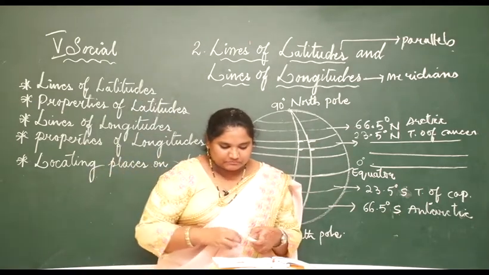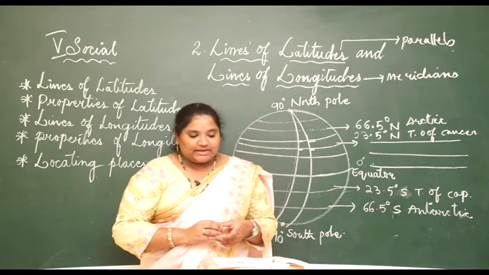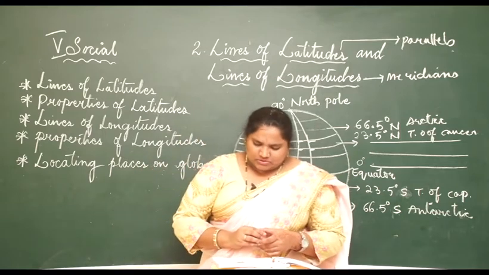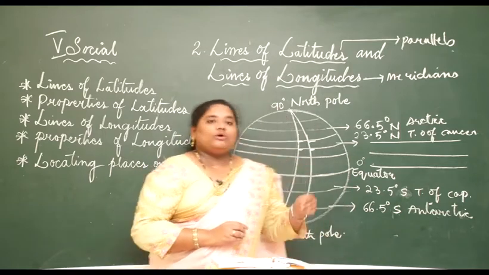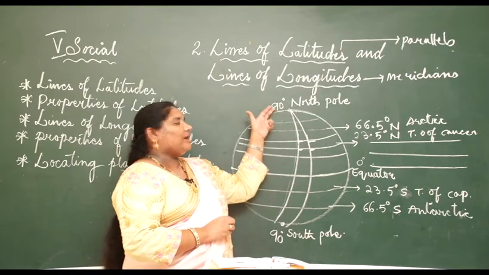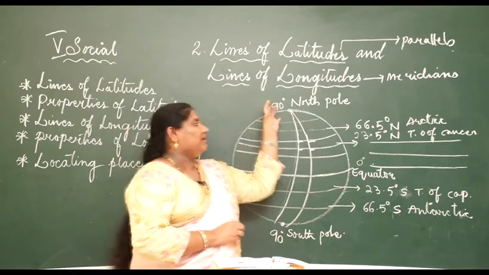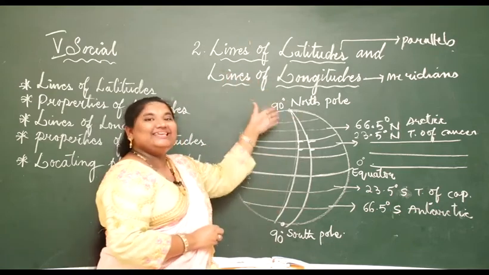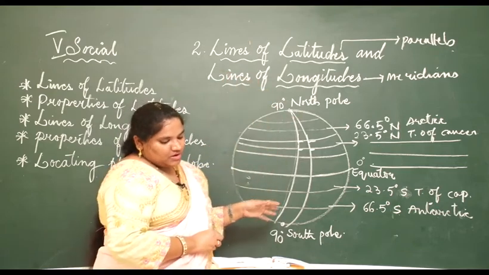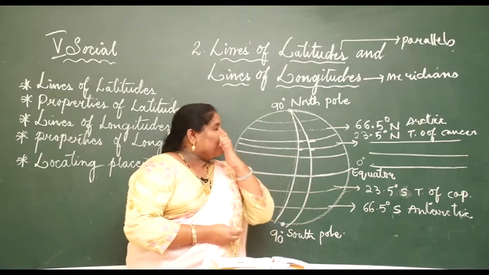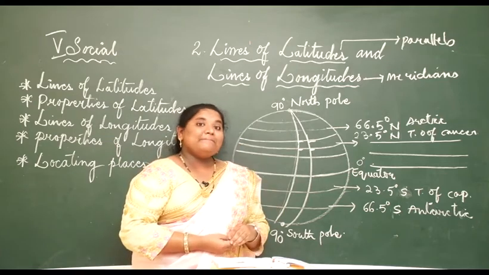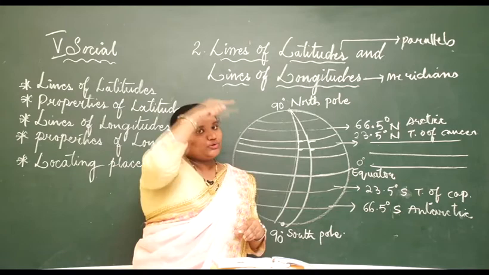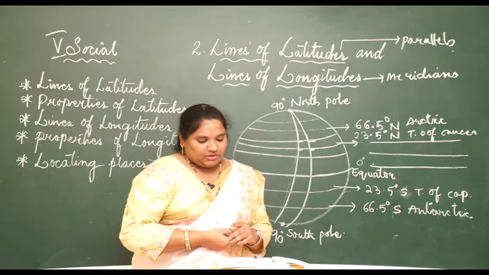Okay. Then longitudes are numbered. The longitude which passes through Greenwich in London is called the Greenwich longitude. Okay, it is also called the prime meridian or main meridian, that is 0 degree longitude.